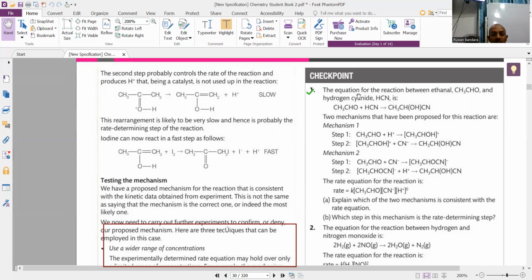I don't know what's wrong there. So the meeting will be disconnected in 10 minutes, and you have to join again. Sorry for that. I'll try my best to fix it. Which of the two mechanisms is consistent with the rate equation? Mechanism 1 or mechanism 2?